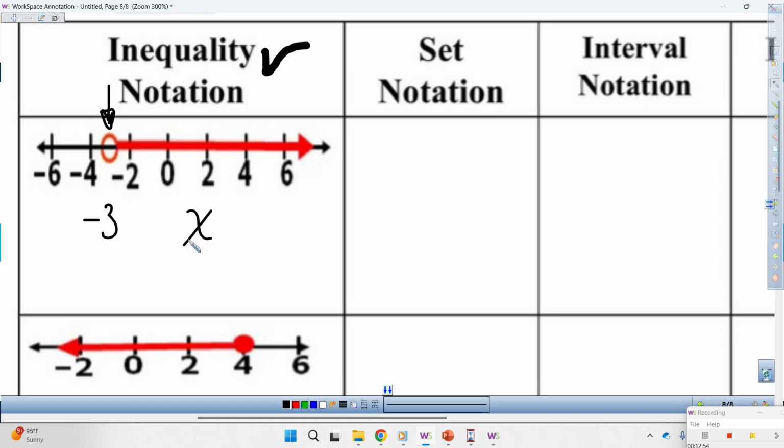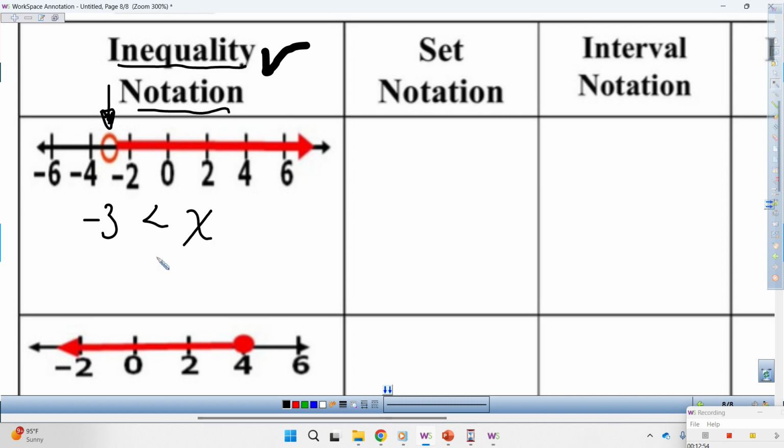X. So therefore, negative 3 compared to all these numbers, what is it? Negative 3 is what to all these numbers? Less than, and check, is it an open point? Yes, so we don't put an equal sign. It stays like that. This is called what? Inequality notation.